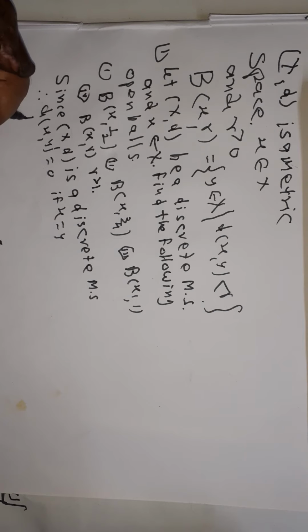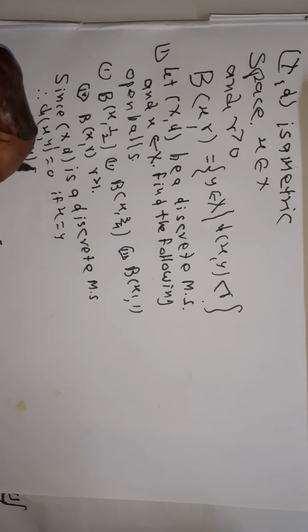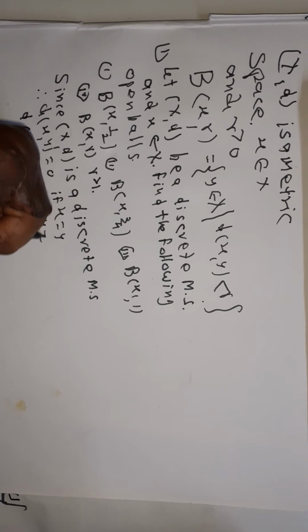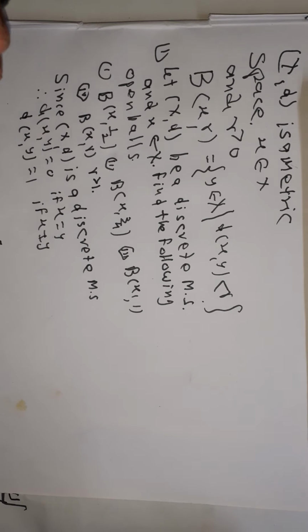And the second value, the distance between x and y is equal to 1 if x is not equal to y. So in a discrete metric space, only two distances are there.